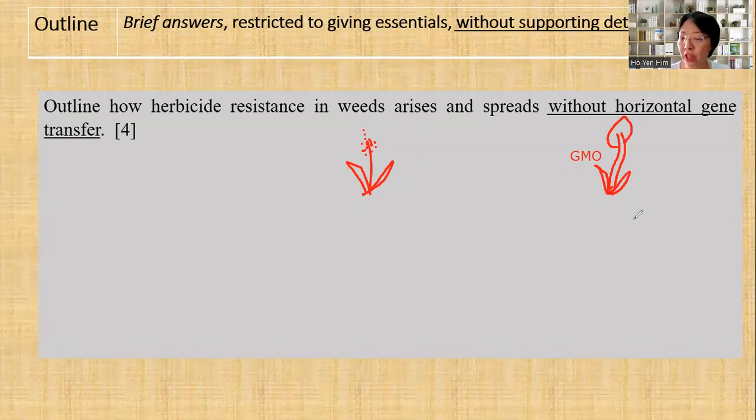A different species where we have done genetic engineering to create a GMO, where this GMO is herbicide resistant. Okay, so HT, herbicide tolerant. So it contains herbicide tolerant gene. And this is another species, but it's closely related to this one.